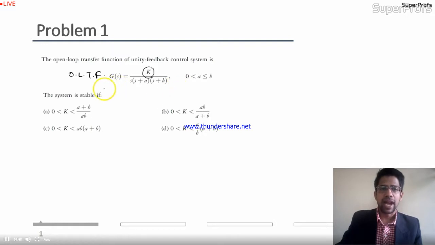As this is the open loop transfer function, we need to convert it into the closed loop transfer function and see the characteristic equation. As this is G of S, and assuming H of S to be unity, because it is a unity feedback, H of S will be 1.